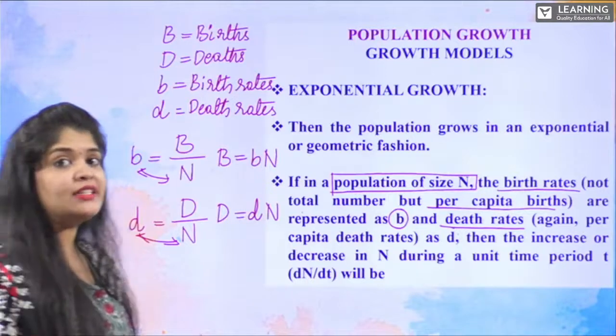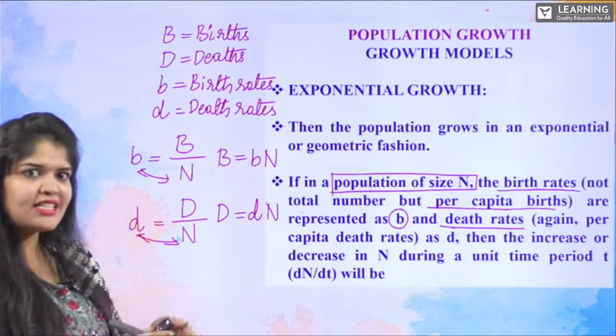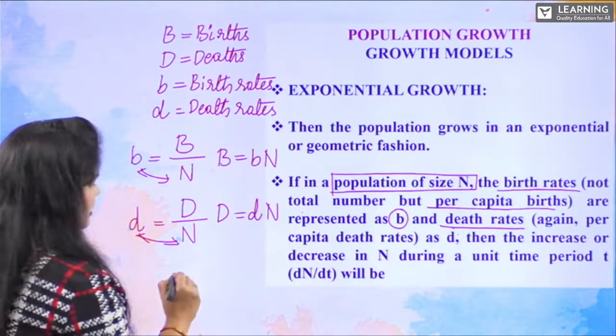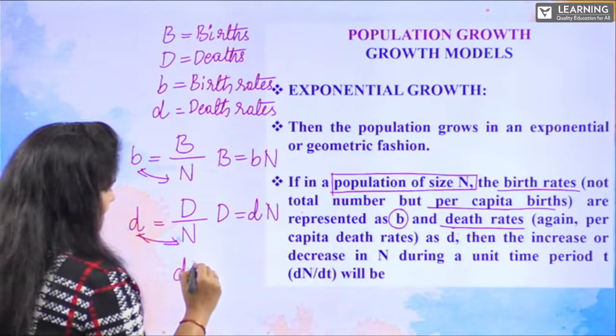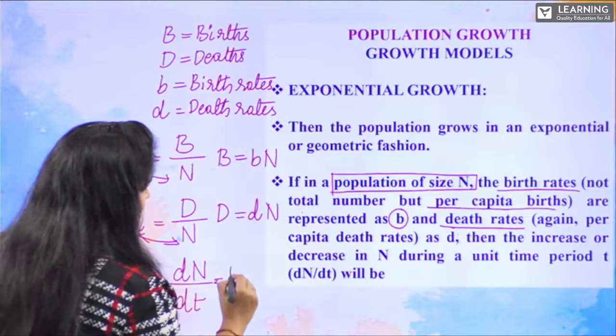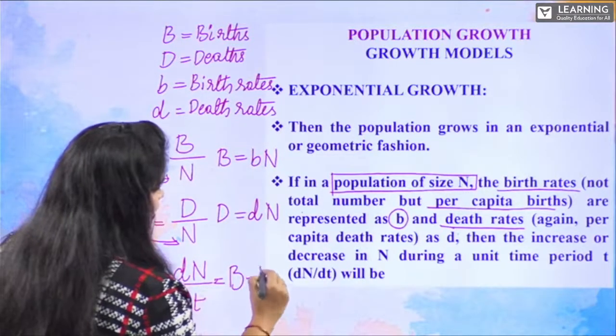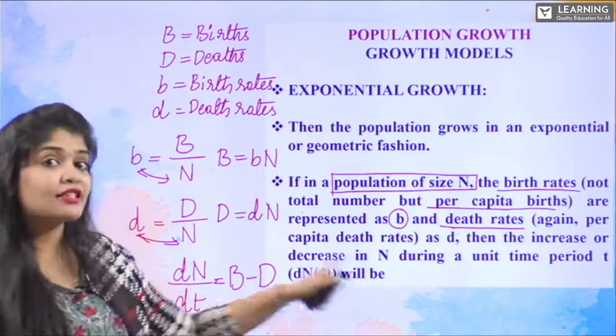If you want to find the change in the population density by change in time, that means the difference, it is equal to birth minus death. Why are we not considering the other factors?